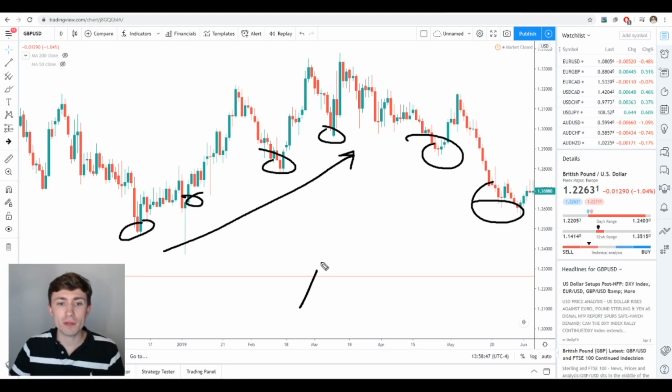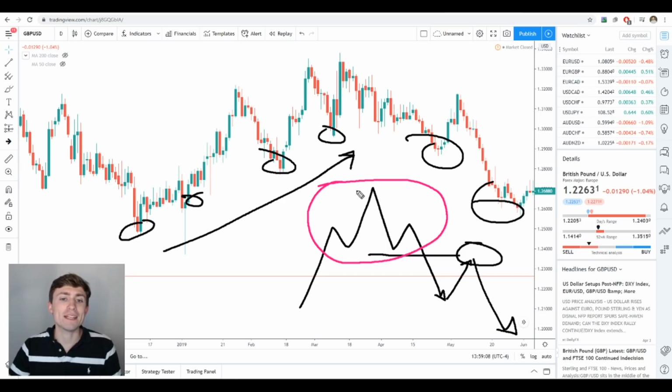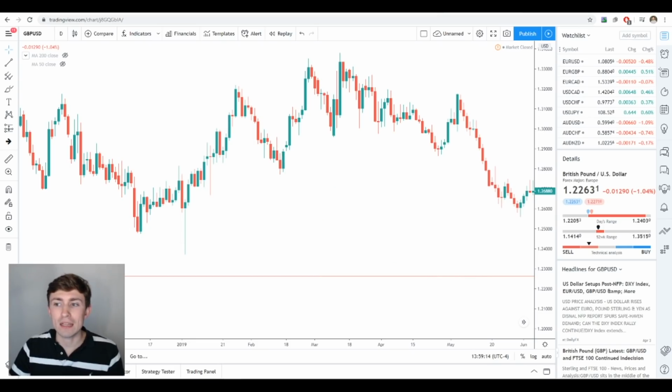In the previous video, we talked about how a head and shoulders pattern may do something like this, and you could potentially catch the rebound looking for the breakdown. This is a similar pattern that we're going to be talking about today, but it's not quite the same, because sometimes it doesn't look like this. Sometimes the reversal at the top of a trend is not so linear. It's not so clear and concise. Sometimes we get something like this.